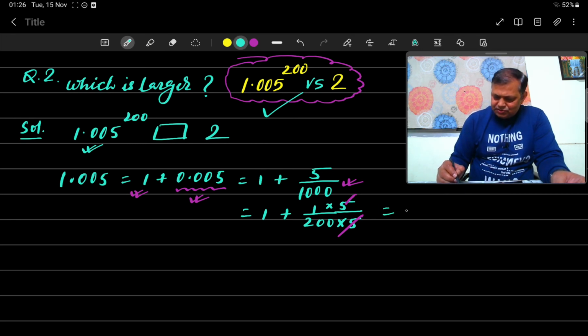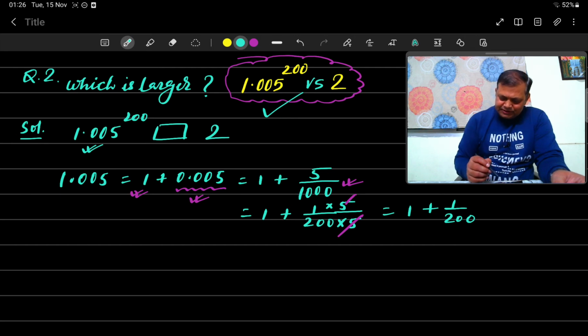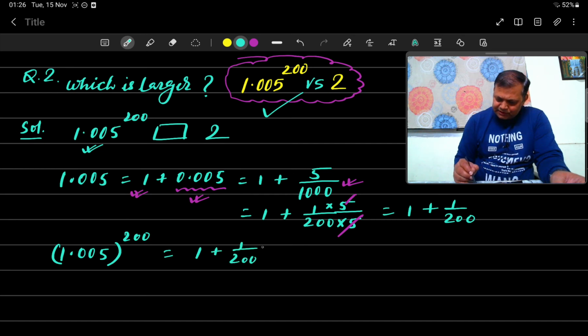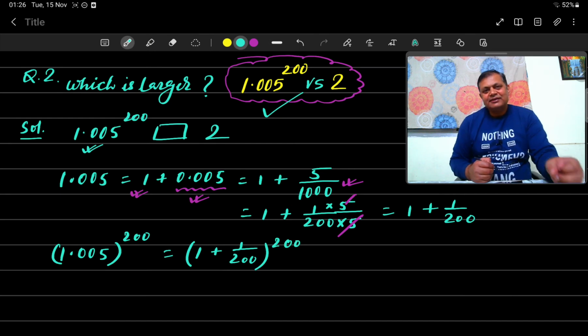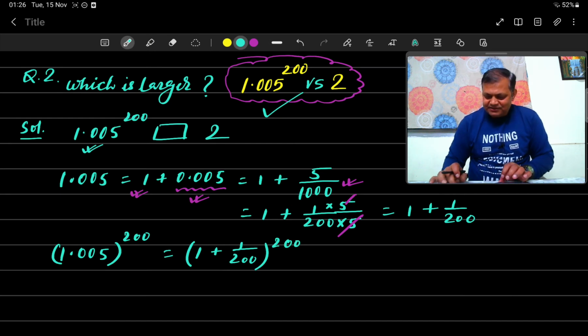So you can write this number as 1 plus 1 by 200. Now come to the question. 1.005 whole to the power 200 is equal to (1 plus 1 by 200) whole to the power 200. That is very interesting.